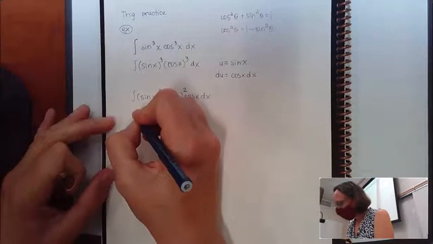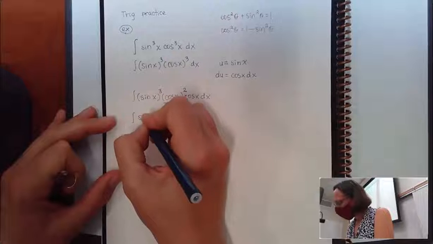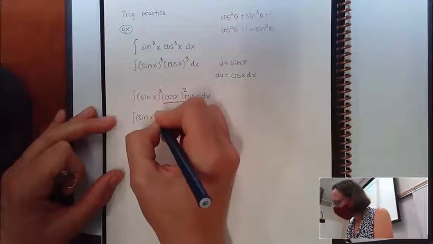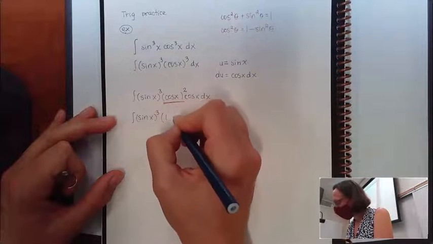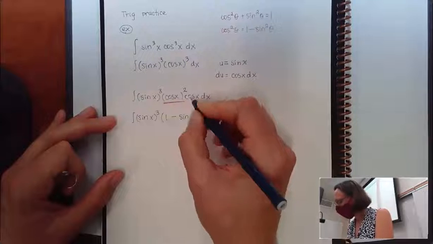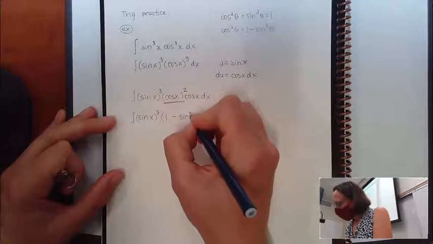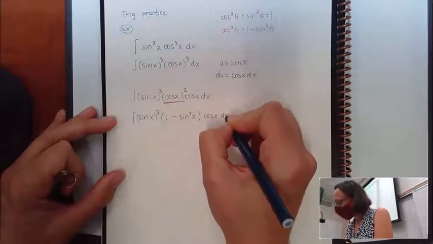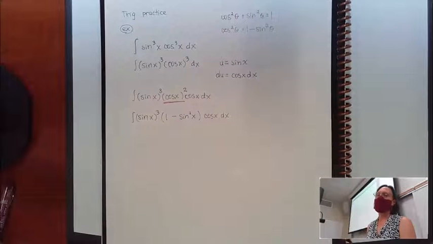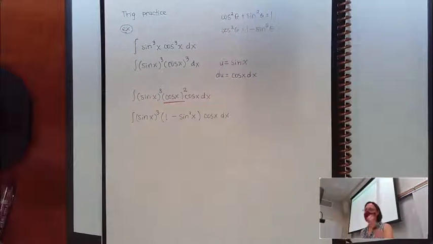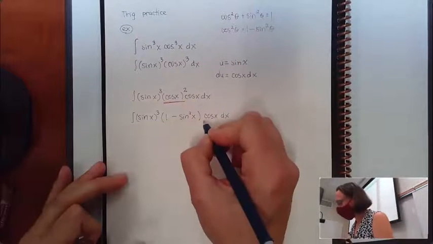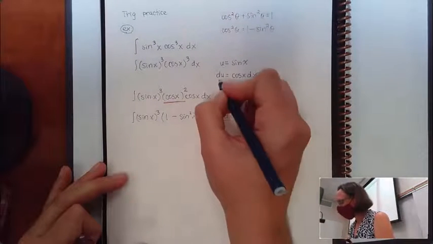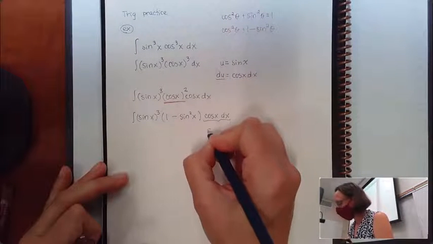So I'm going to rewrite this to say sine of x cubed times 1 minus sine squared x times cosine x dx. And now I'm ready to make my u substitution. So the cosine x dx, that's what I get to swap out for du.